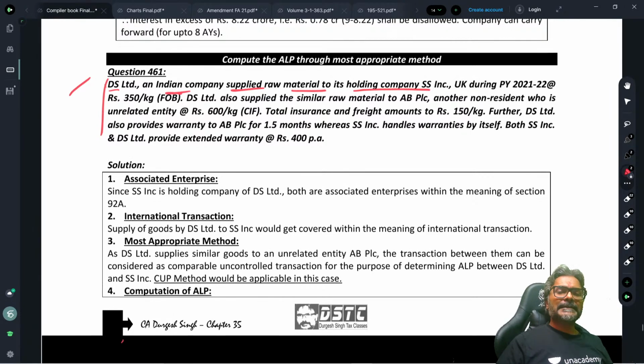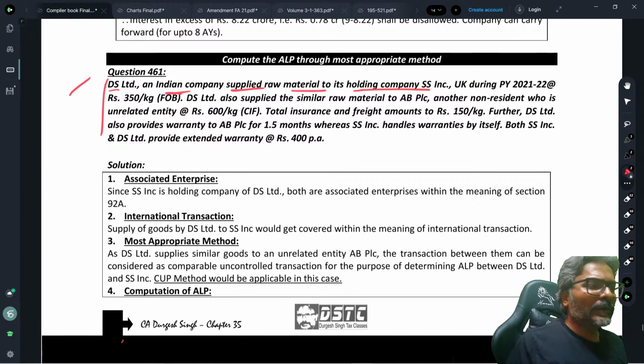To that the answer is yes. If you can see over here, students, they have supplied the raw material, which would mean they have sold the raw material. So it's a case of a sale. The sale which has been made by the Indian AE to its foreign counterpart, that is what we have got from here. Do you all agree to this one?